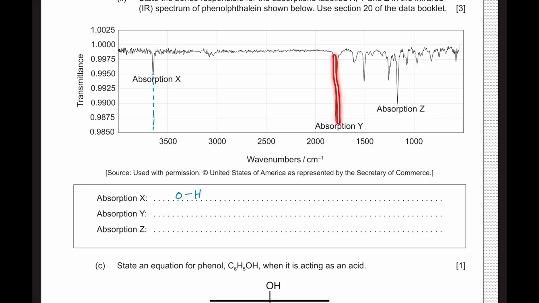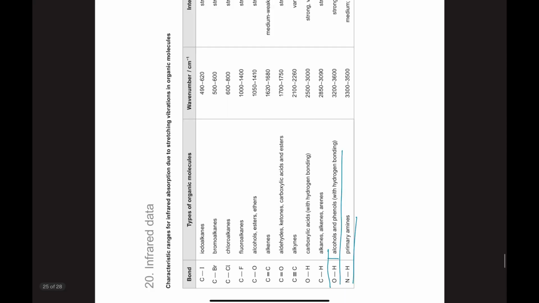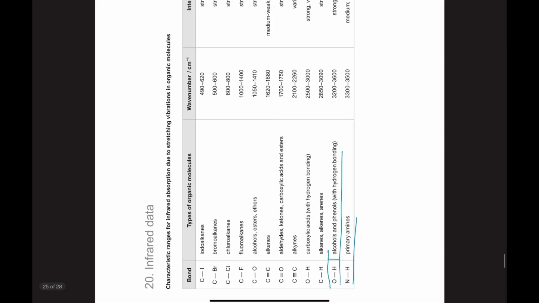So this one, the intensity is pretty strong, and it's around the 1700 mark. So of course, this is the C double bond. And lastly, Z. Z is around 1200, somewhere around 1200, right? So if we check here, around 1200, we have the C single bond.